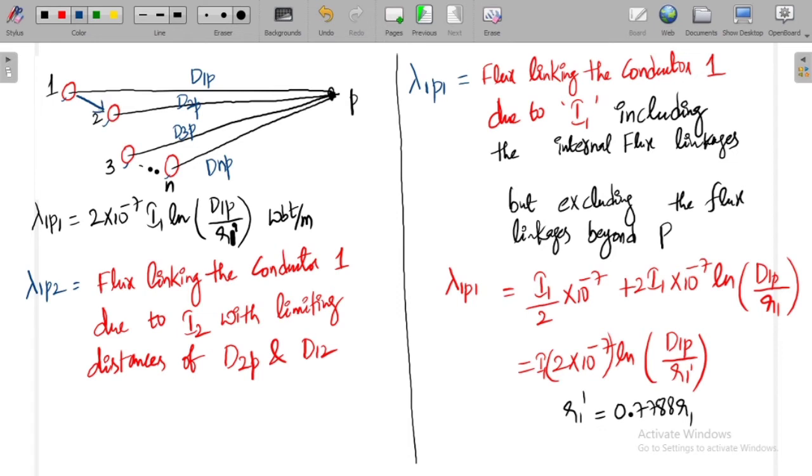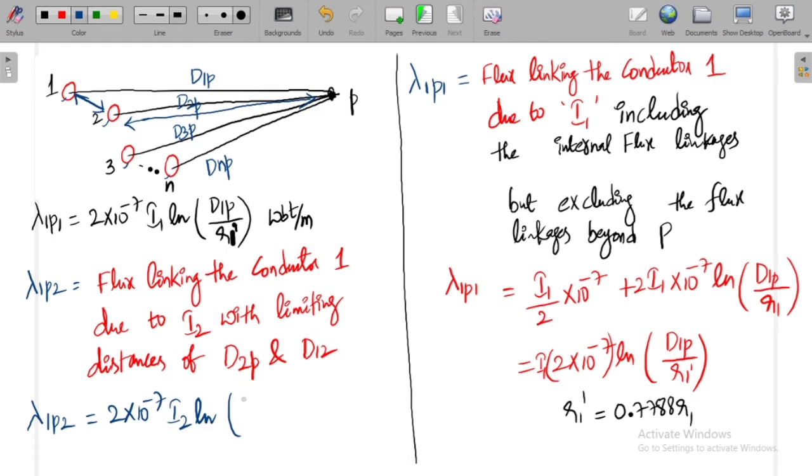See, the distance between the second conductor and first conductor is this one, and the distance from the second conductor to the point P is this one. So d2p and d12. d12 is nothing but the distance between first and second conductors. These are the limiting distances in order to find the flux linking the first conductor due to the current flowing through the second conductor I2.